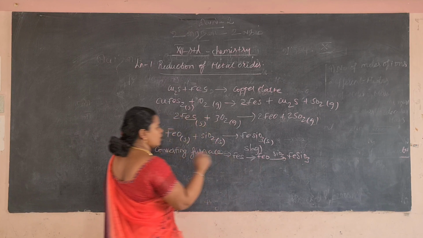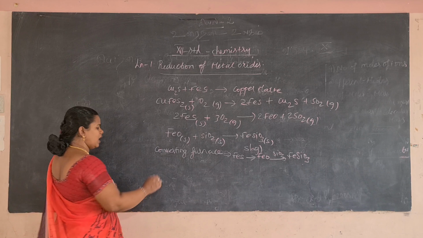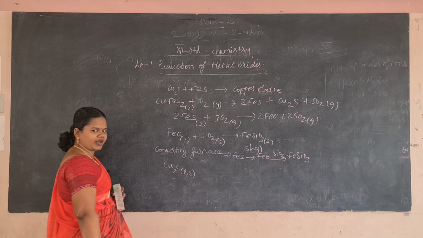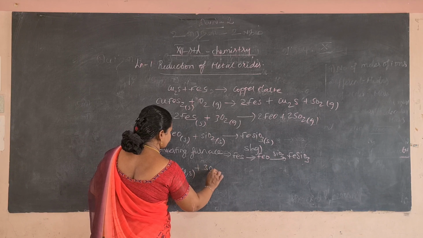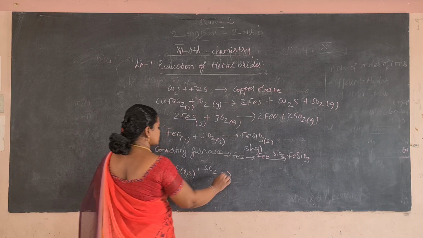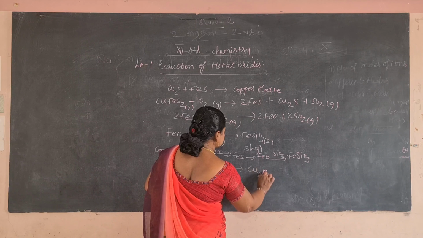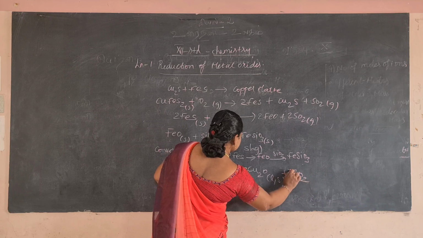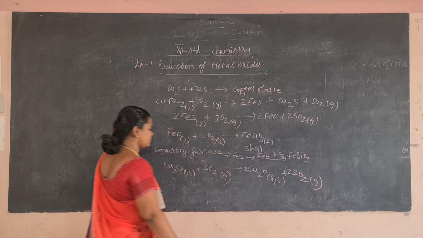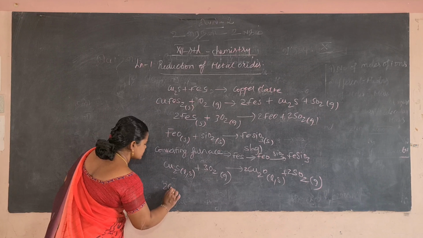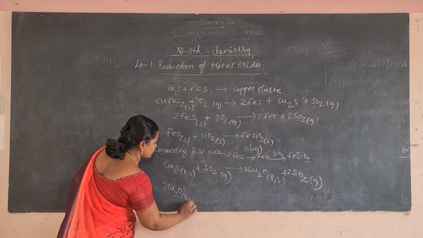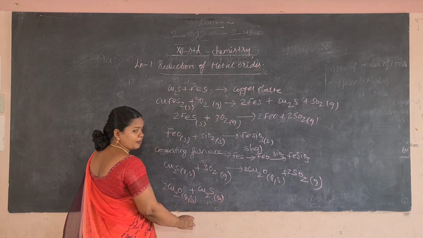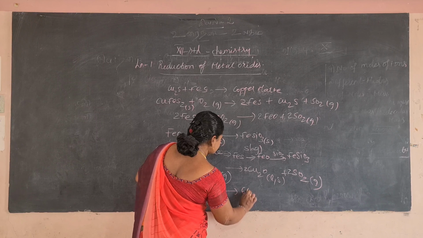Already we saw. Now we are having the unreacted copper sulfide. When copper sulfide is oxidized, it forms copper oxide. Then this copper oxide again reacts with unreacted copper sulfide to form molten copper.